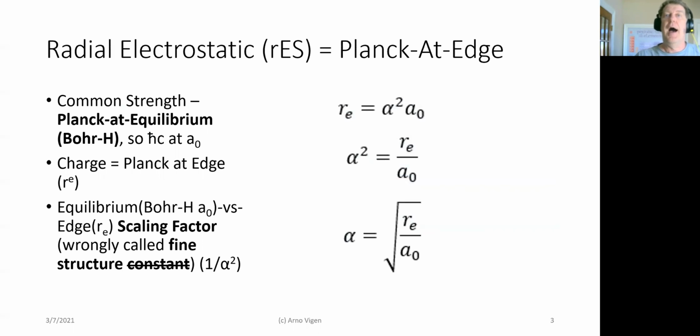And so I will always be talking about not just Planck's constant, but Planck at equilibrium, Planck at Bohr. And this is done by h hat c. There are forms depending on what you're at: Planck's constant, Planck's hat, and the c is the speed of light.